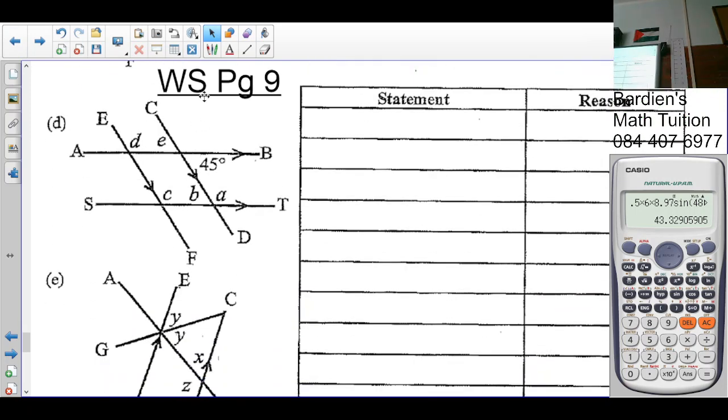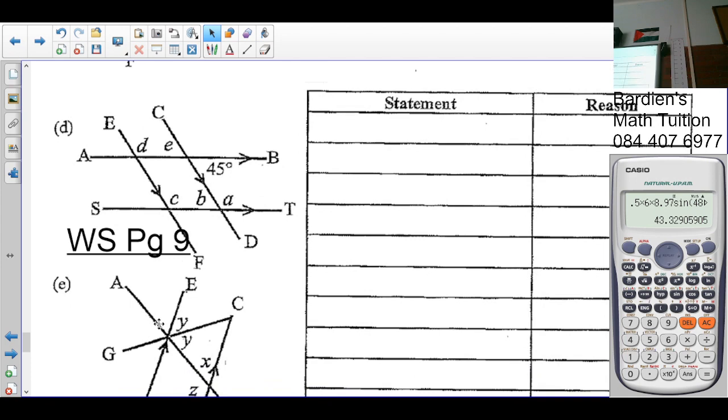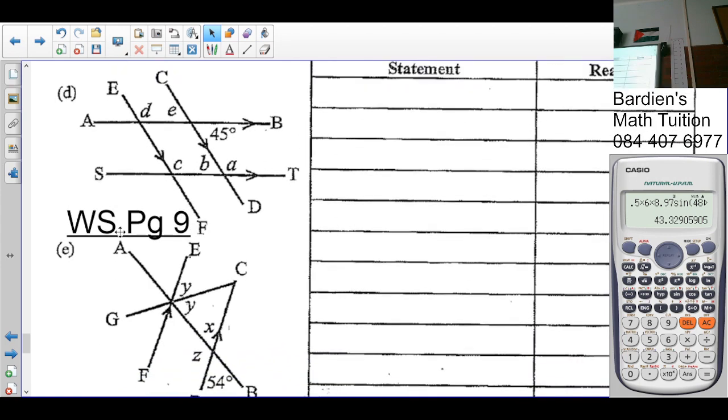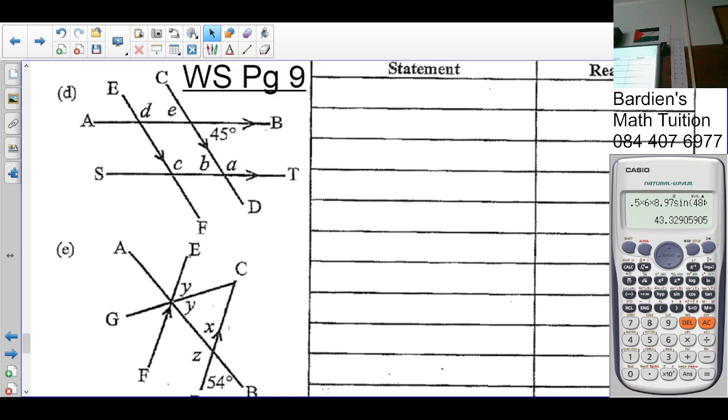Look at the next one. D. What can be calculated here? A. How can we calculate A? Corresponding. Go with A. E is vertically opposite. I'm talking about A. 45 degrees.